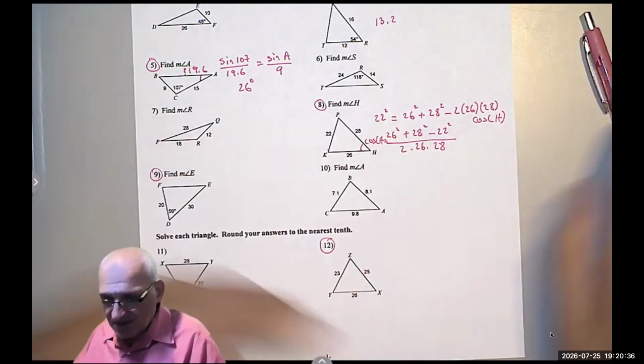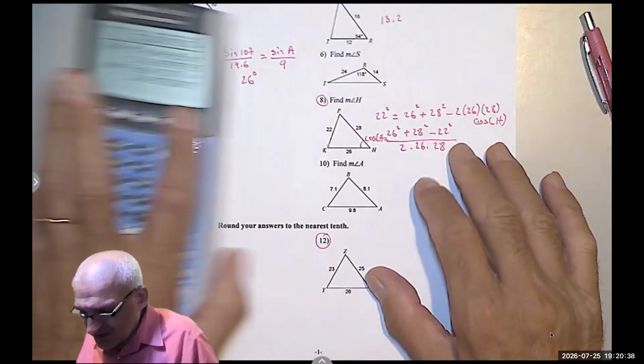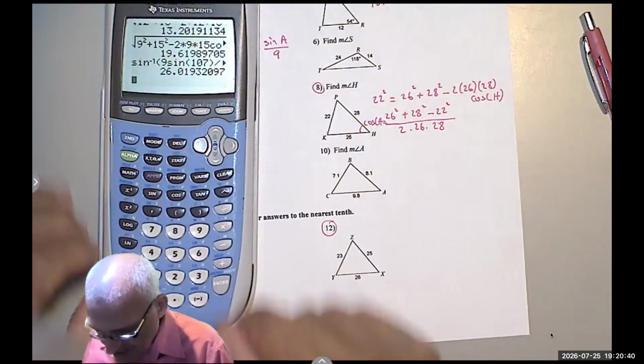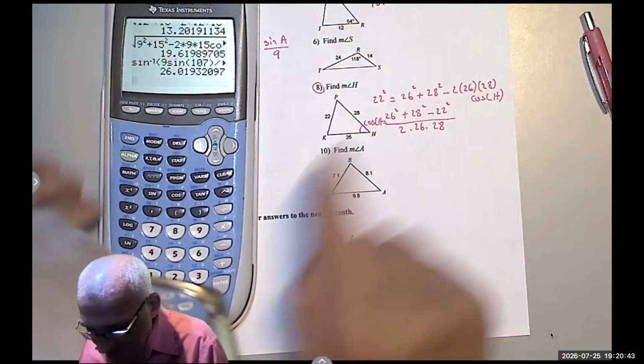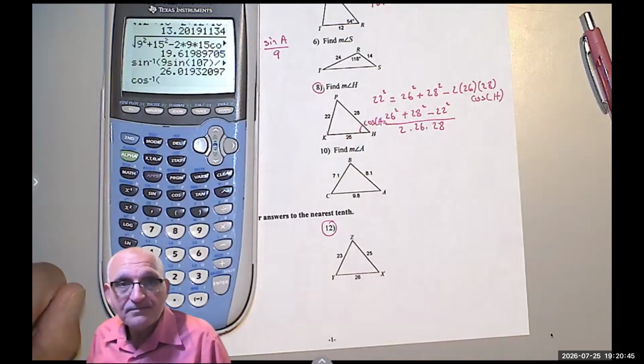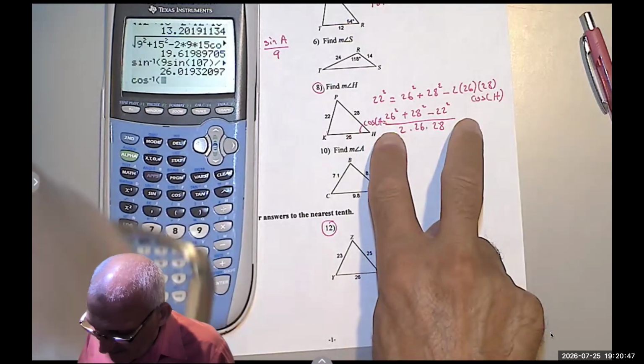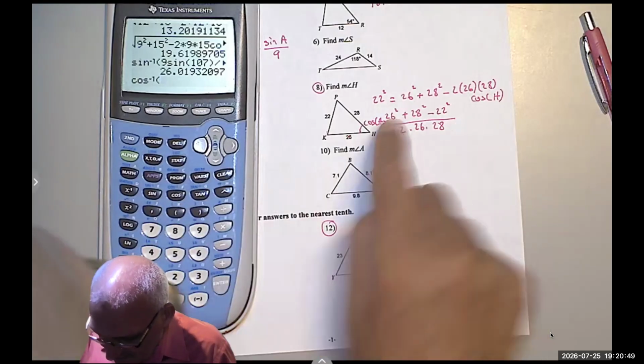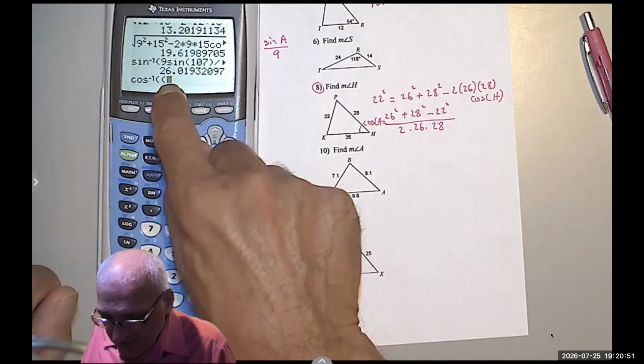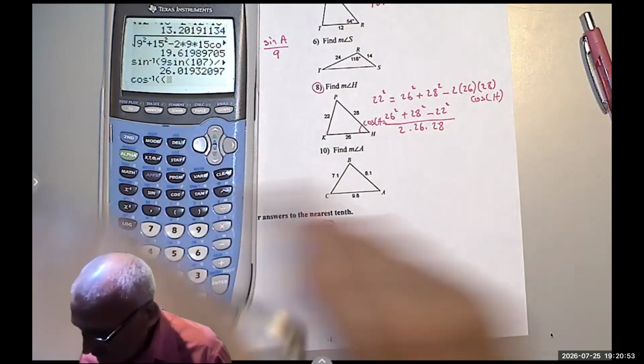You can do it in multiple steps. I just don't want to waste your time. You can check that later if you want. So to solve, I'm going to take inverse cos and enter this value. In the numerator, I open another parenthesis because this is for the inverse cos.